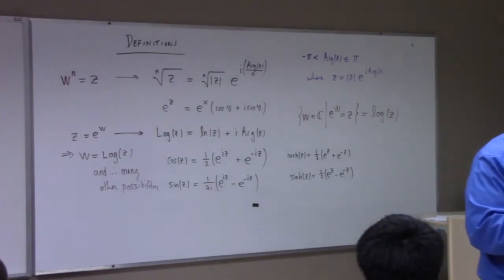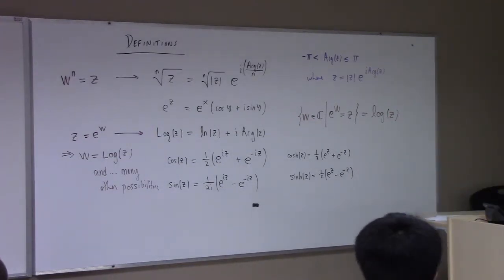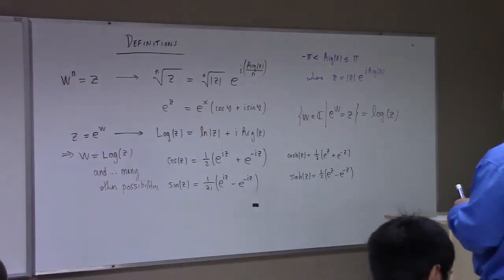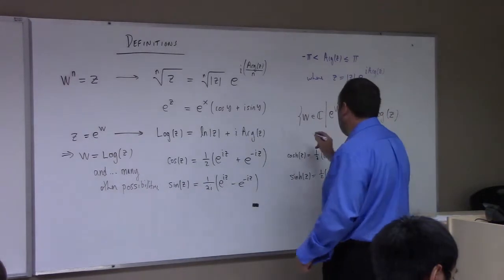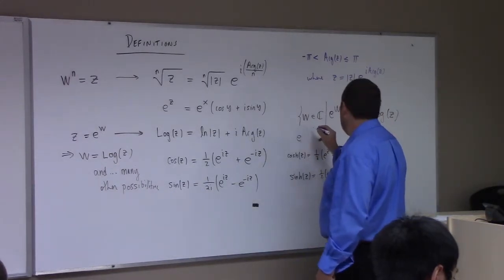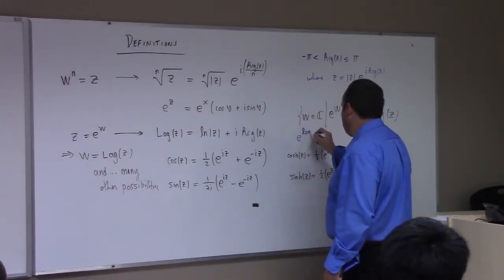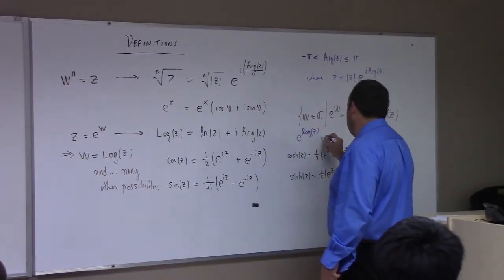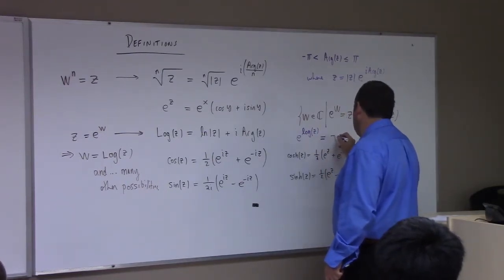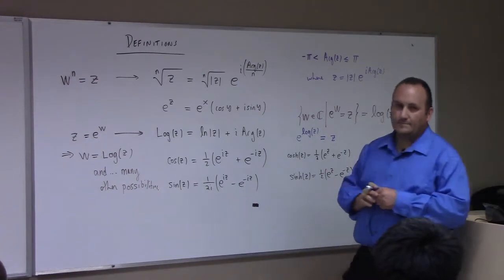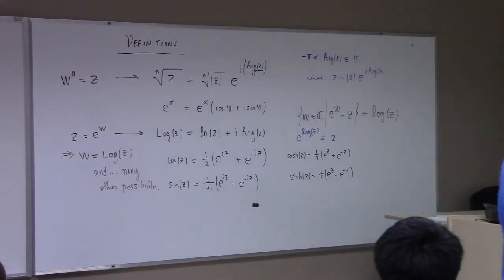Little log of z is the set of all solutions to the equation z equals e to the w, all w that solve it. Because you can prove that e to the little log of z, in the sense of taking the image of a set, is just equal to z again, all right?